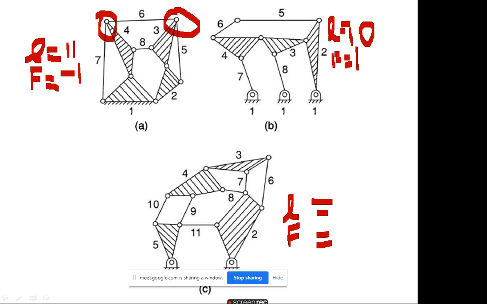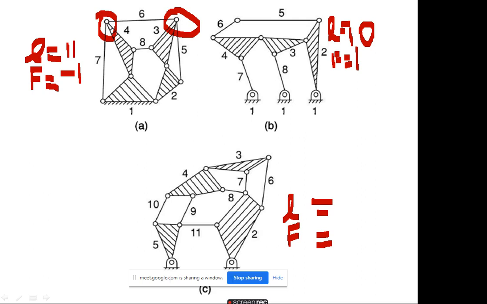This has a connection from 2, 7 and 8, so more than 2 links are joined together, and then you have to see which other joints have more than 2 links. So this is 1, this is 1, this is also 1, and here also 1, and this is also 1.